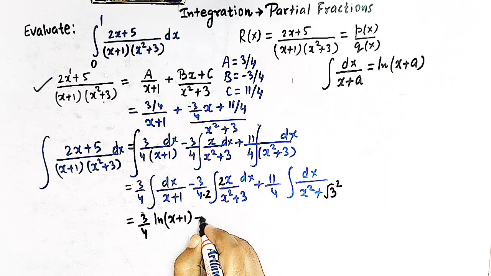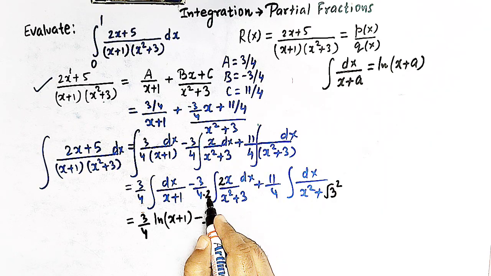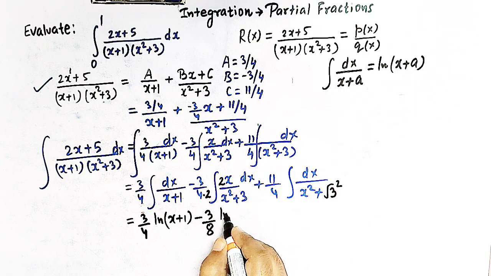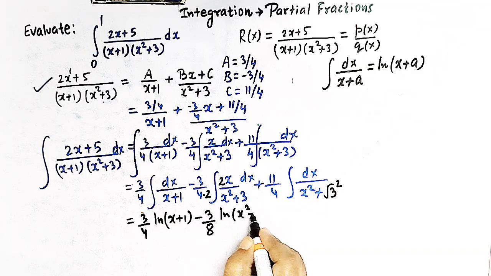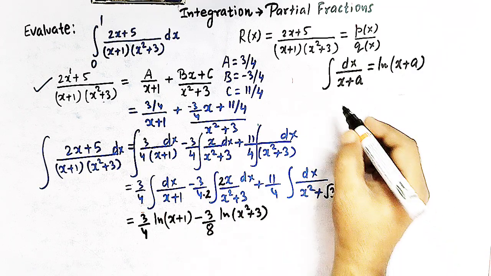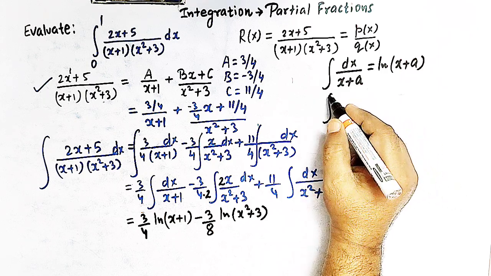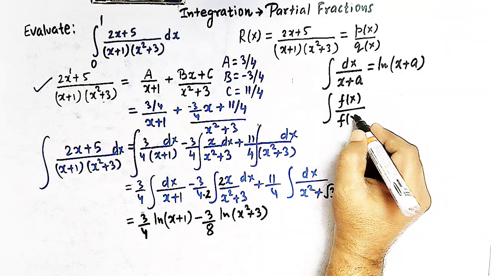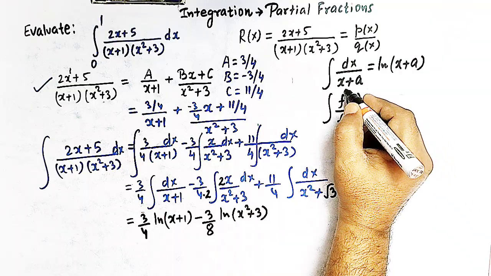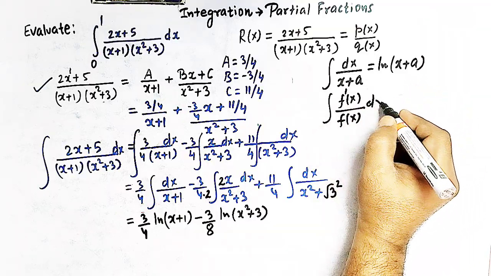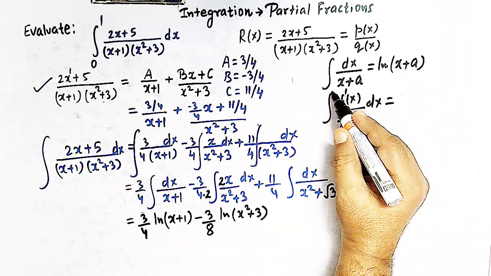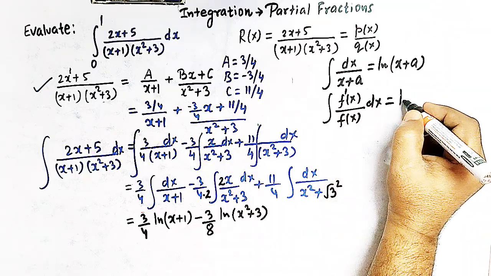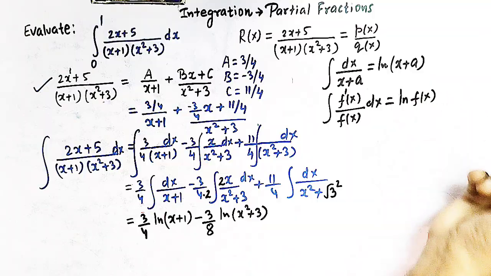And here we have minus 3 over 8. 4 times 2 is 8, and the integral of 2x over x square plus 3 is simply a natural log of x square plus 3, right? Because we know that if we have f of x in the denominator and its derivative in the numerator, then the indefinite integral of f prime of x divided by f of x is simply natural log of f of x, right?